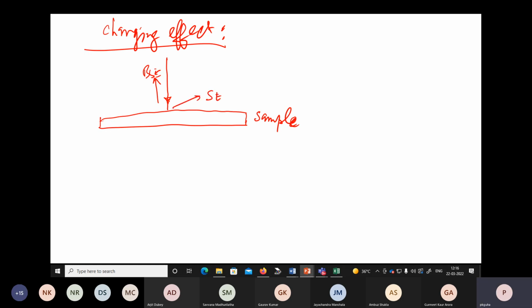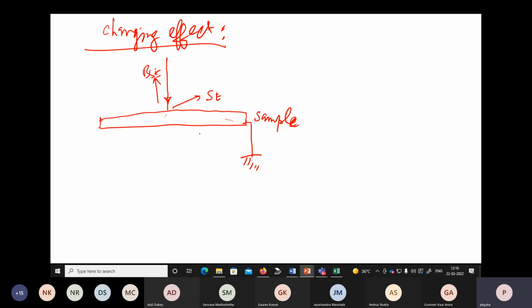The incident electrons, after interacting with the sample surface, lose their energy and are absorbed by the specimen. Usually the sample is grounded, so these absorbed electrons will go to the ground.